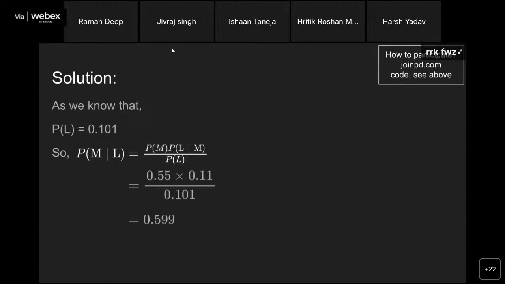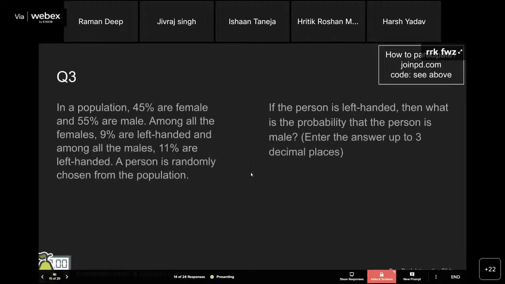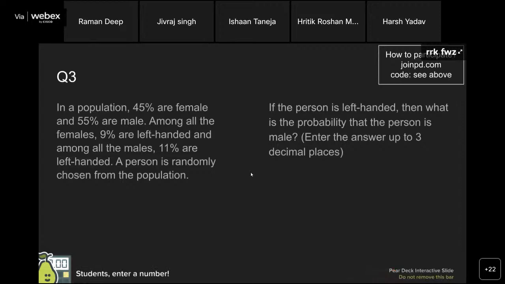Will all questions be solvable without Bayes theorem? Bayes theorem is just a specific name given to this. So here what is known is some characteristic, right? We know that the selected person is left-handed. This event has already occurred.